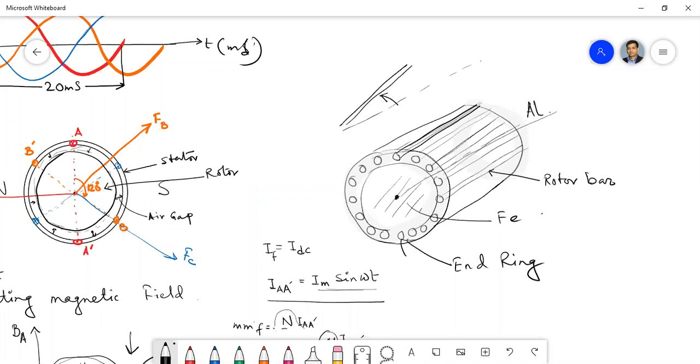Now, if we only see the rotor bars and these end rings, it is just like a cage. Therefore this type of construction is called the squirrel cage, and this type of induction motor is referred to as squirrel cage induction motor.